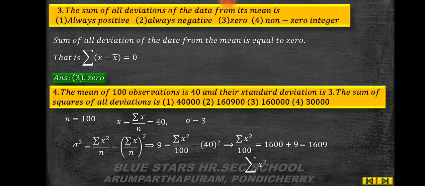So summation x square is equal to 1,60,900. So the correct option is option 2. The answer is 1,60,900.